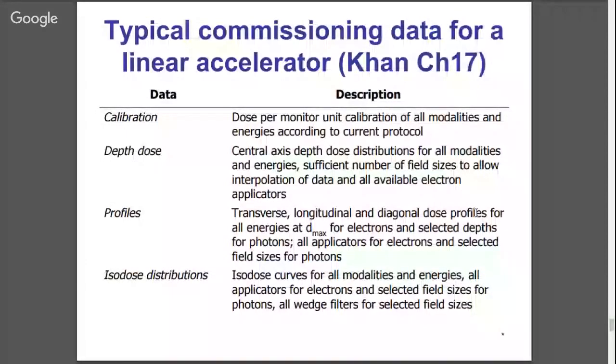So you can see just on this single set of 4 data sets that on a modern accelerator, such as a Varian TrueBeam, for example, if we have 5 photon energies, 5 electron energies, this is a lot of data that we have to acquire.